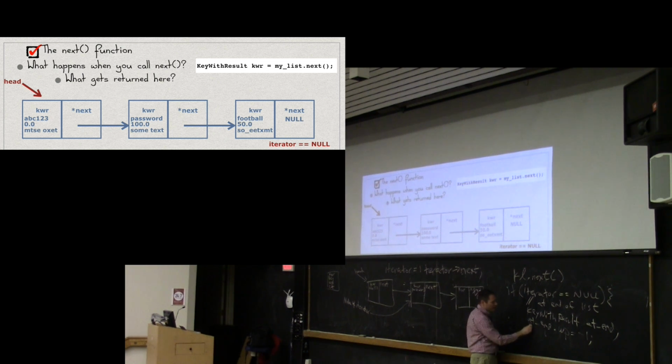Right? Iterator, oh no, that's not even going to change. Iterator is not going to change at all. We are going to now return, what do we call it? At end. Done.